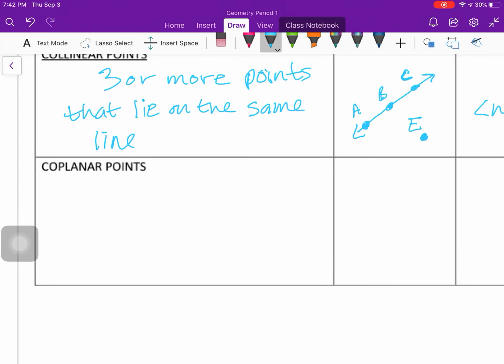Coplanar. So just like collinear, where our points lie on the same line, coplanar are going to be 3 non-collinear points, but they are going to be in the same plane.